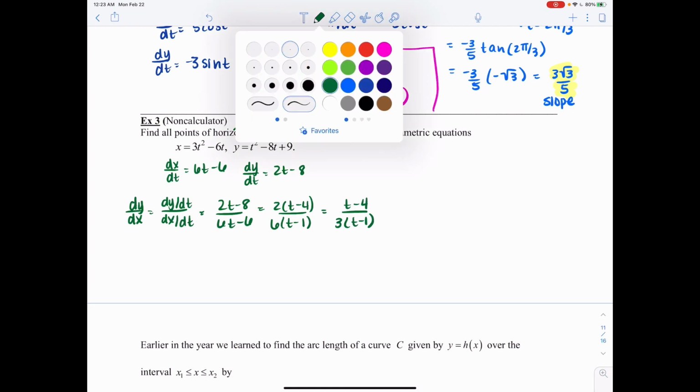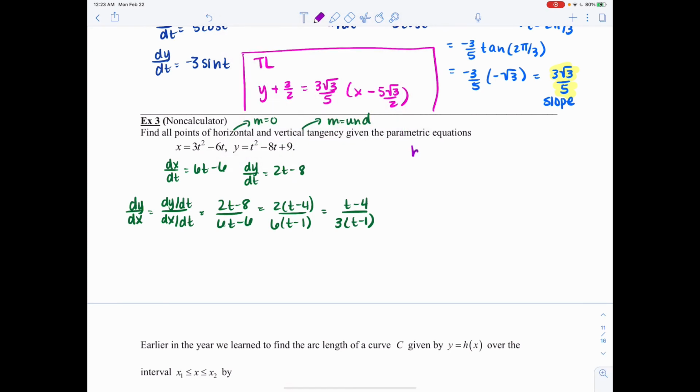So I'm going to start with my horizontal tangents. Remember that horizontal tangents are where the slope is 0. That means I need to set my numerator equal to 0 because the denominator doesn't matter. So t minus 4 equals 0. That's going to happen at t equals 4.